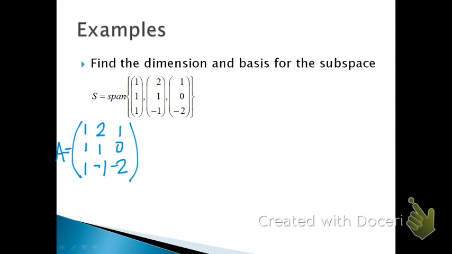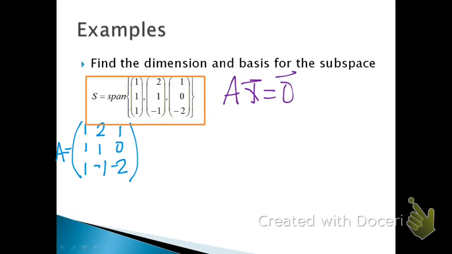So now let's look at an example. We want to find the dimension and basis for this subspace S, which spans the three vectors that are listed. If we let A equal the matrix of the vectors, then what we want to know first is, does Ax equal to 0 have a non-trivial solution?